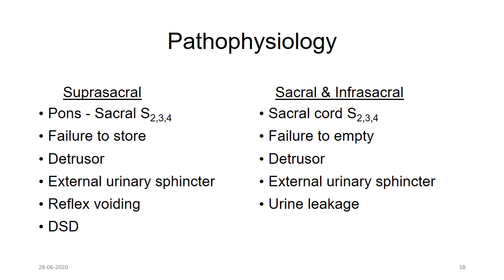Whereas in sacral and below level lesions, the internal sphincter, which is not a true anatomic sphincter, will not contribute to continence. When the bladder is filled to a certain level and in conditions of stress like coughing, urine leakage will occur.